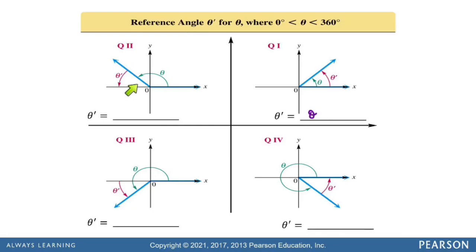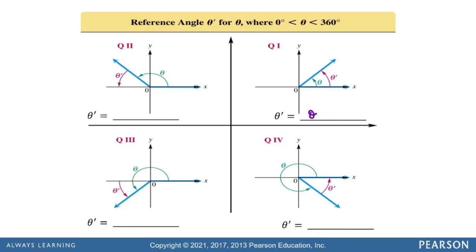And now let's go look at quadrant 2. So if you have an angle theta in quadrant 2, then your reference angle, again, is between the terminal side of the angle and the nearest horizontal axis. So here is theta prime for a quadrant 2 angle. Now remember that the angle from the positive x-axis to the negative x-axis makes 180 degrees, or it covers two whole quadrants.